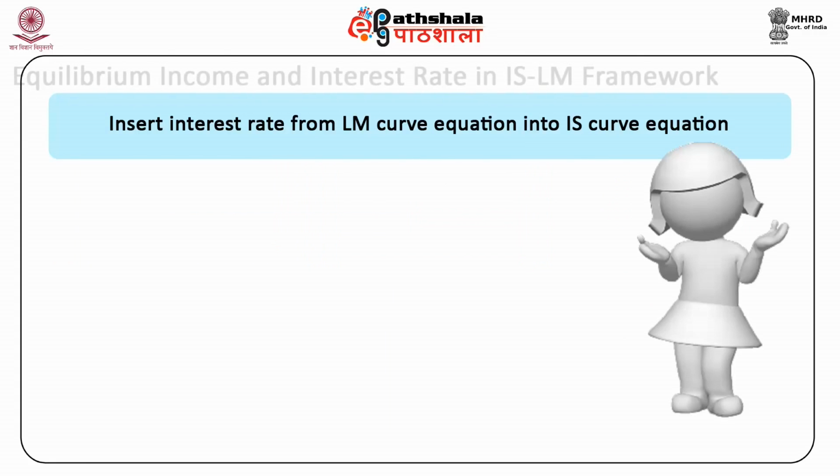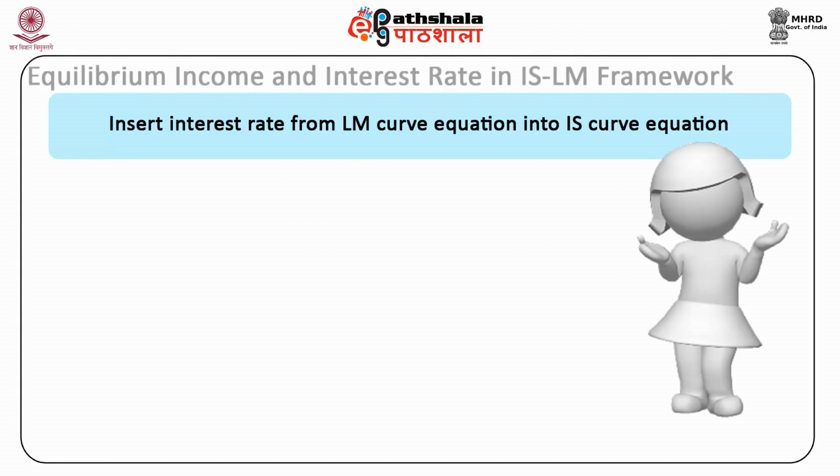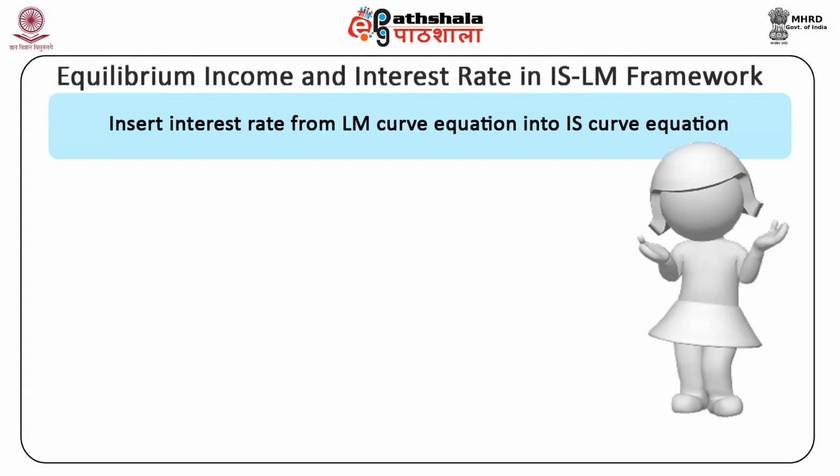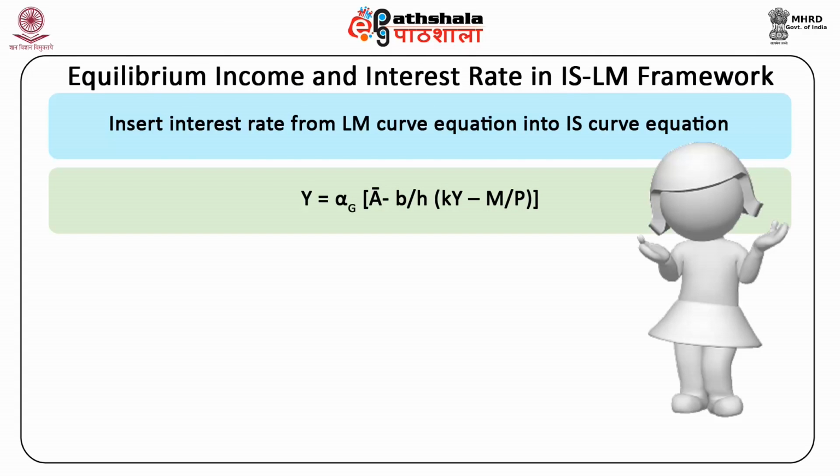If we insert the interest rate from the LM curve equation into the IS curve equation, we get y = αG(Ā − (b/h)(ky − M/P)).